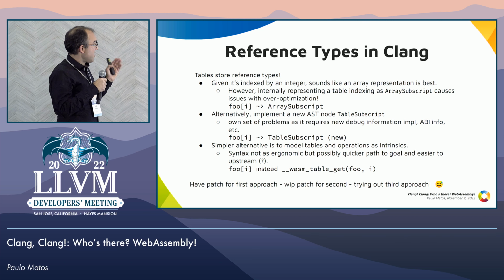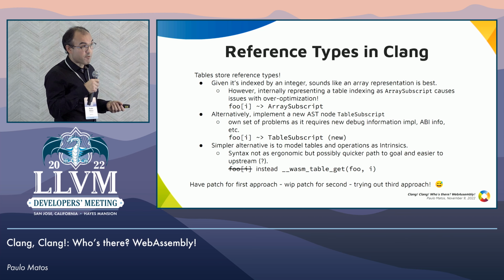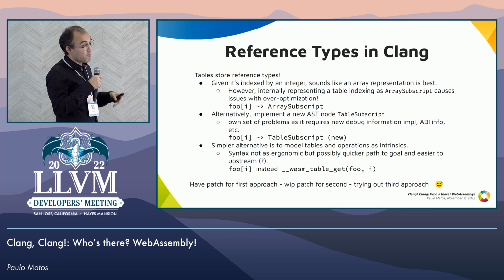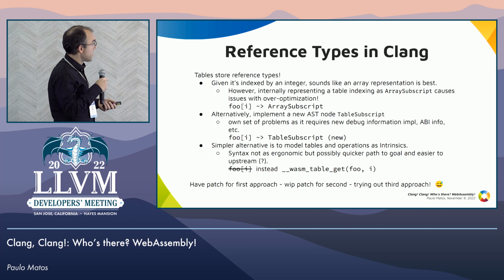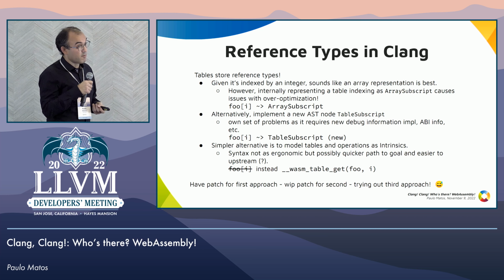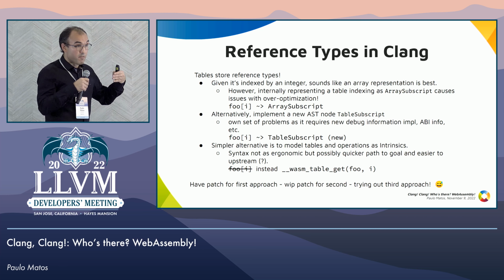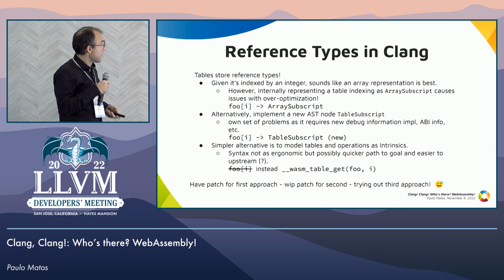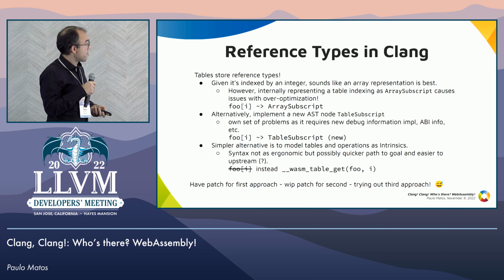And so actually we have solutions for these three cases. We have a patch upstream for our first case, which doesn't work so well, so we'll have to review it. We have a work in progress patch for the second, where we implement a new node for Clang called table subscript, and we're trying out the third approach.